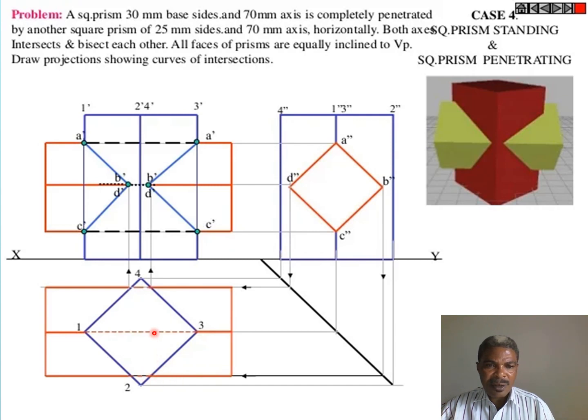It is here. So you have to project upwards until it meets the same line from B. Likewise for D, D is here. It meets the standing prism. Then you have to project upwards until it meets a line which is coming from the same point D.